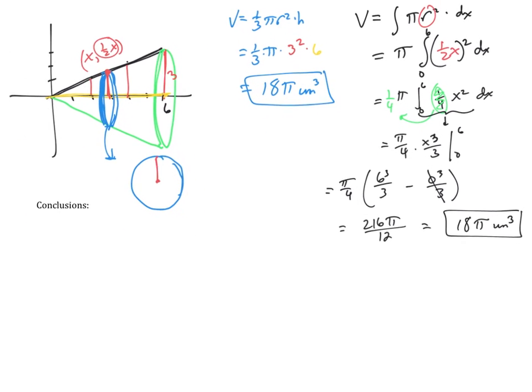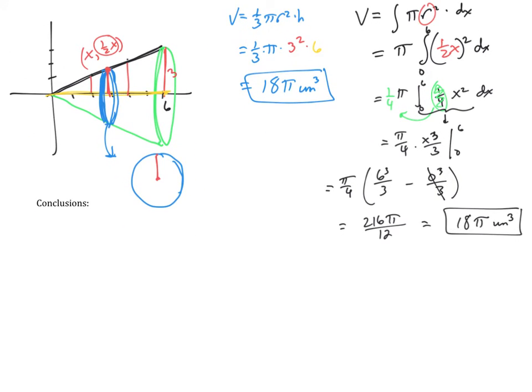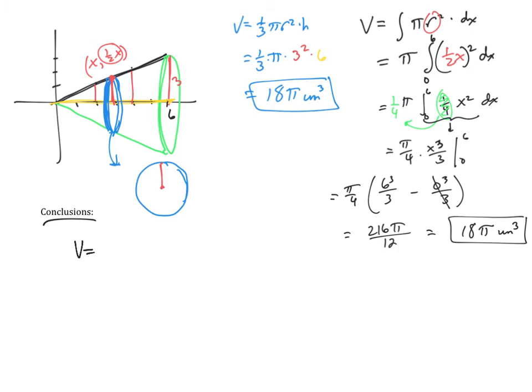So just to give us kind of a conclusion here, you could absolutely write down that if it's a perfect geometric solid, you would not use calculus. But as kind of a method, we've established that the volume is the integral of pi r squared times dx, with my radius being sometimes my function.